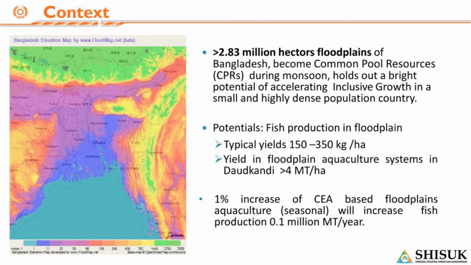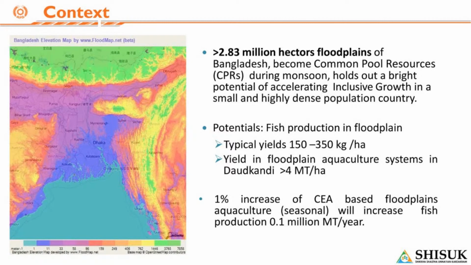Almost 2.8 million hectares of floodplain we have in a normal situation. But when there is a heavy flood, almost 60% of our area can be flooded as well. So these are very untapped resources which have huge potential to accelerate inclusive growth in a small and highly dense population country like Bangladesh.